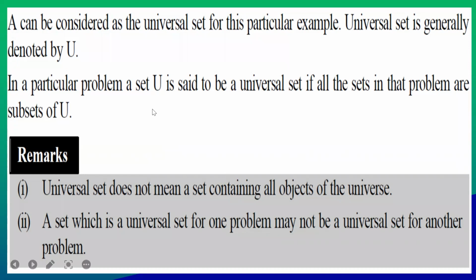So in the number system, the universal set is the set of real numbers, and the others are considered subsets of real numbers. So remarks: a universal set does not mean a set containing all objects of the universe. And a set which is a universal set for one problem may not be a universal set for another problem.